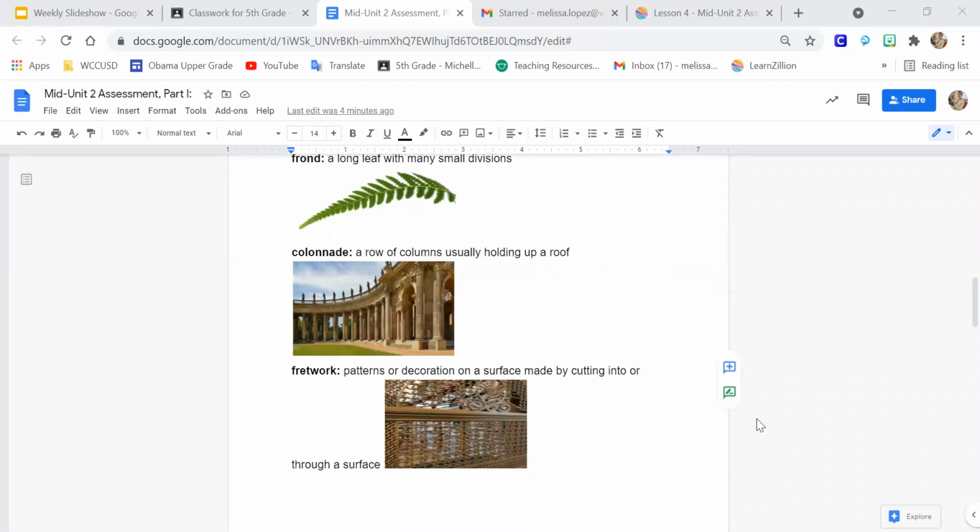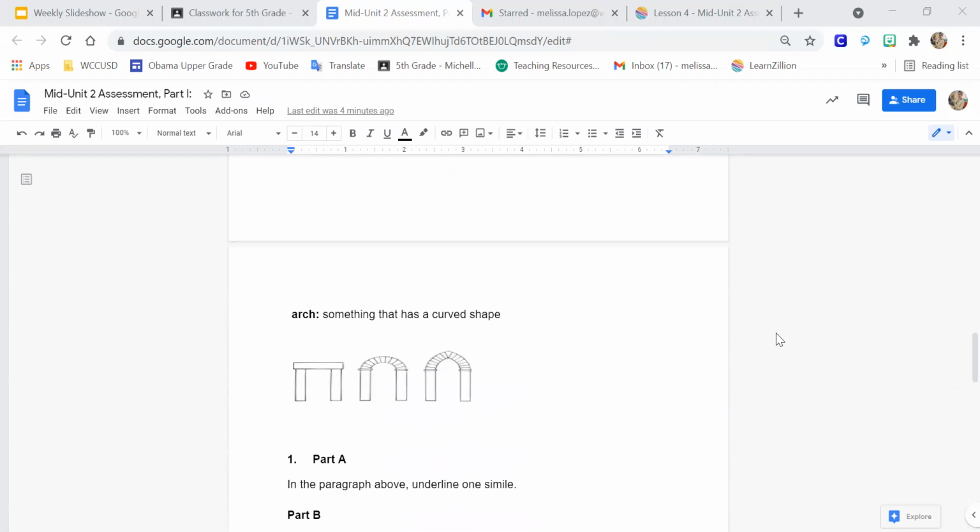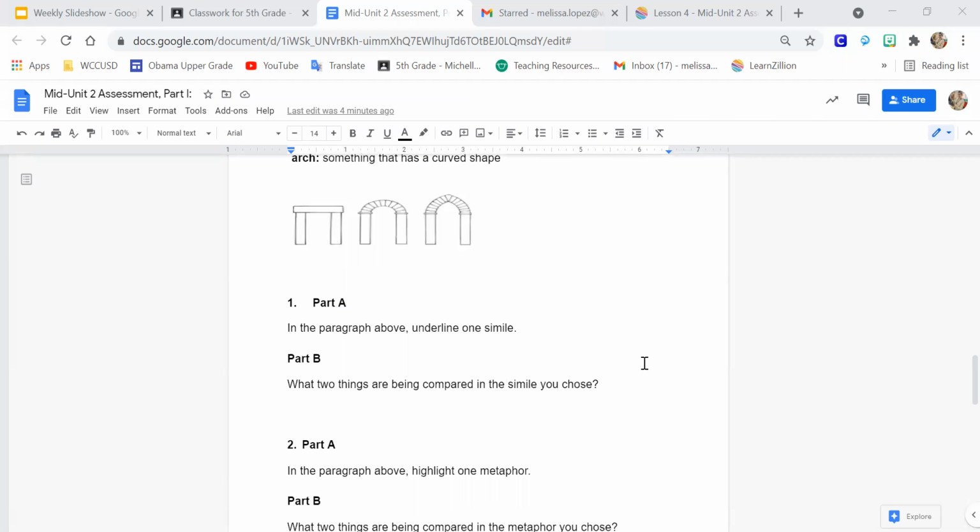Colonnade, a row of columns usually holding up a roof. Fretwork, patterns or decoration on a surface made by cutting into or through a surface. And an arc, something that has a curved shape, or an arch.